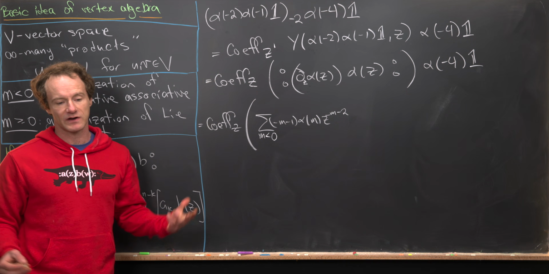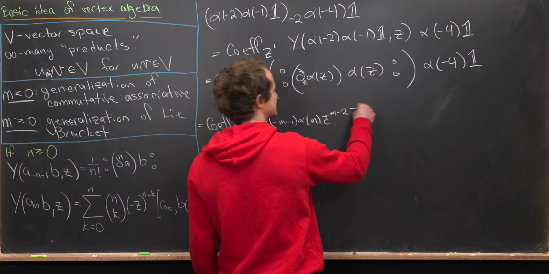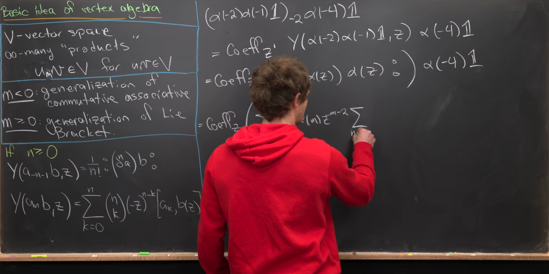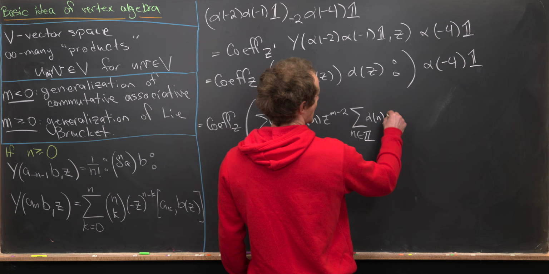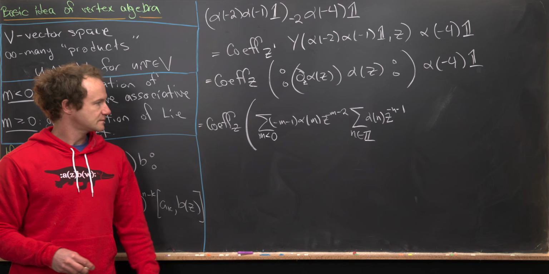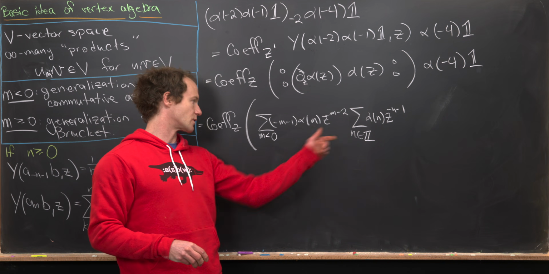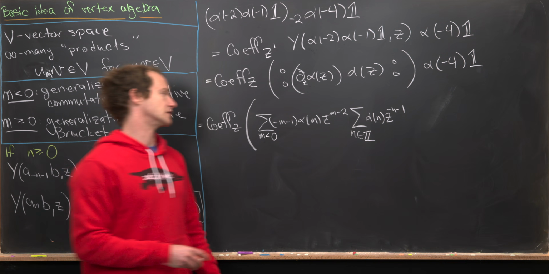Notice I took the derivative of the vertex operator there. And then I have just this field by itself. So this is going to be the sum as n goes over all integers of alpha n z to the minus n minus 1. And then I have to reverse the order, but then take the positive modes instead of the negative modes. So let's do that.